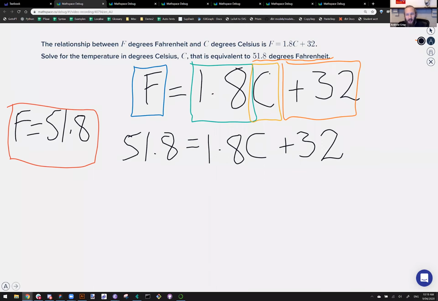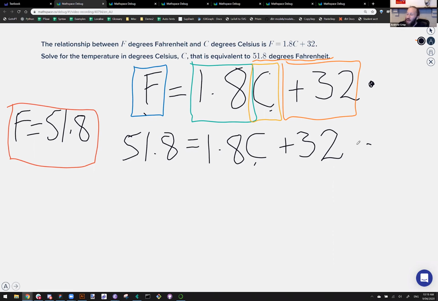We are in a similar place to where we were last time. At the beginning, we had an equation that had 2 letters in it. After we did the substitution, we have an equation and it only has 1 letter in it. It means that we can now solve for C. But I can't put this into a calculator.